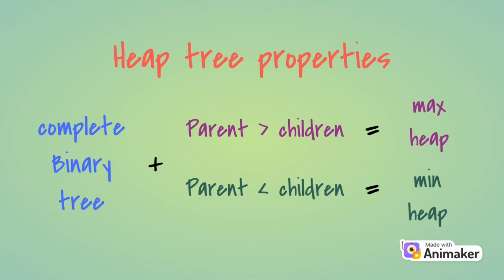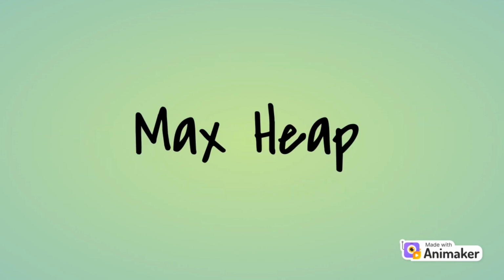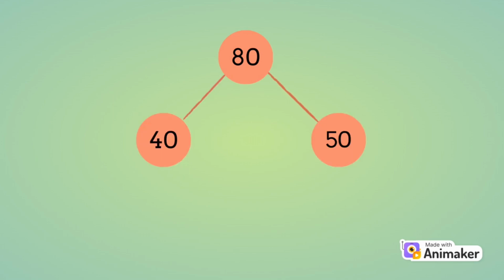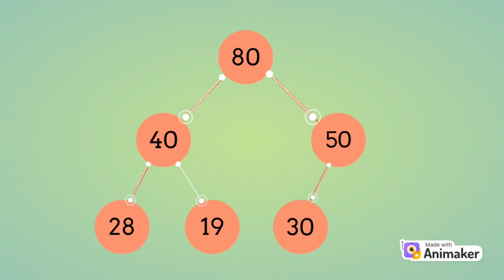And now let's look at the maximum heap and minimum heap separately. A maximum heap is a tree where the parent node should always have a greater value than its child nodes. The root node is the largest value you can find in this tree, and from top to bottom, the values reduce, as you can see.